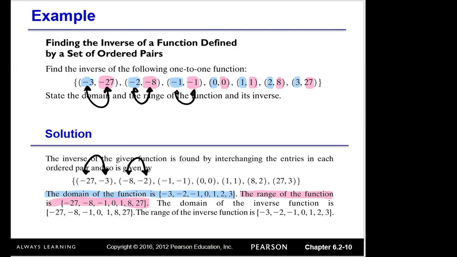Instead of -1, -1, well, that's the same point, isn't it? -1, -1. Same thing here, 0, 0. If you switch it, it's still 0, 0. 1, 1, when you switch it, is still 1, 1. 2, 8 switches to 8, 2. 3, 27 switches to 27, 3.